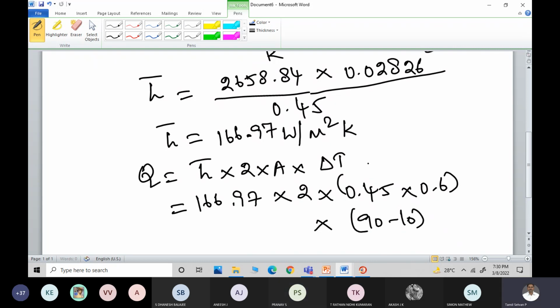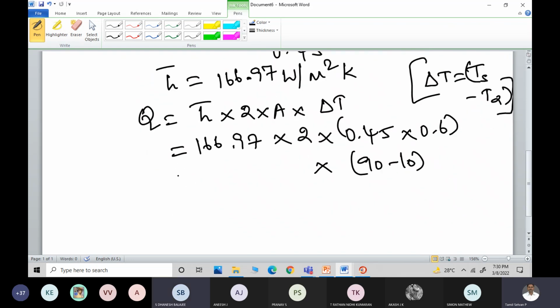Please take a note, del T is Ts minus T infinity, surface temperature minus fluid temperature. So how much is it? This is the final answer. The time is 7:30, as I promised you. 7213.32 watts. So this is the final answer.